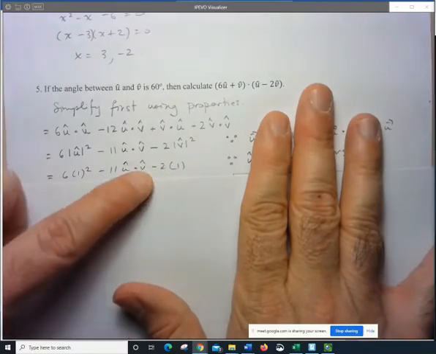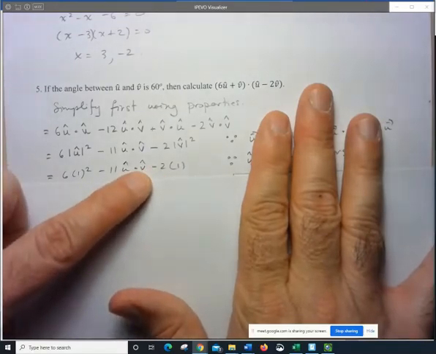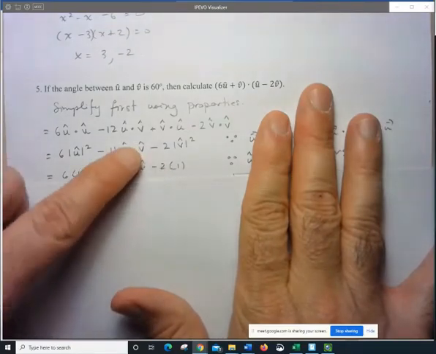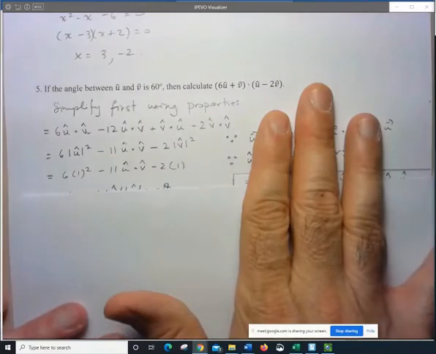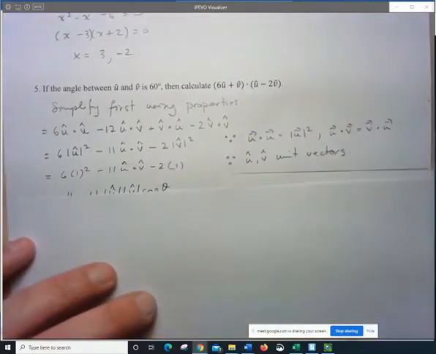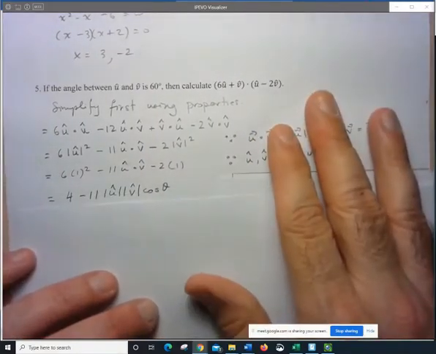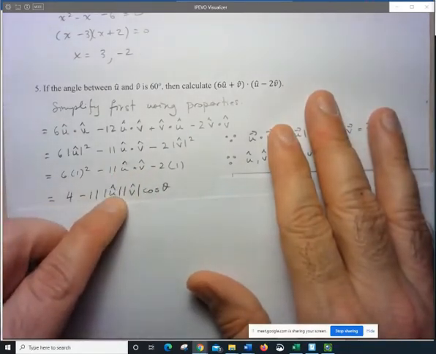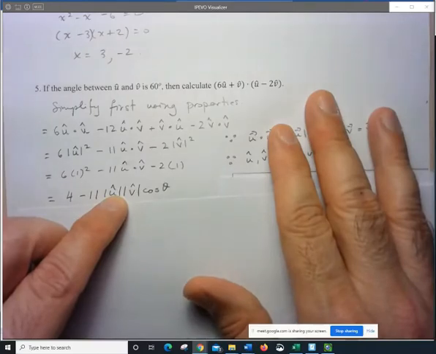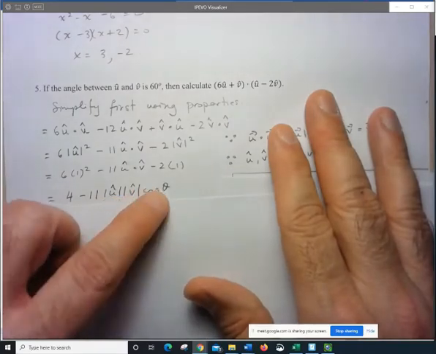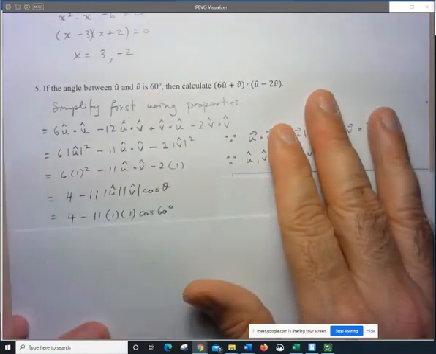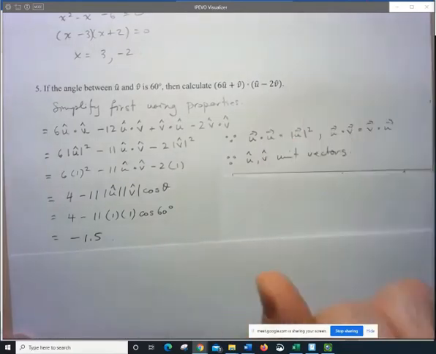And now this is where I have to use the geometric properties, because I'm still left with a u dot v, but luckily I have enough information to calculate u dot v, because now I'm going to apply the geometric definition instead of an algebraic one, and I know the two magnitudes, and they've given me the angle between them. They've given it to me directly, and so in the end, I'm able to determine the value here.